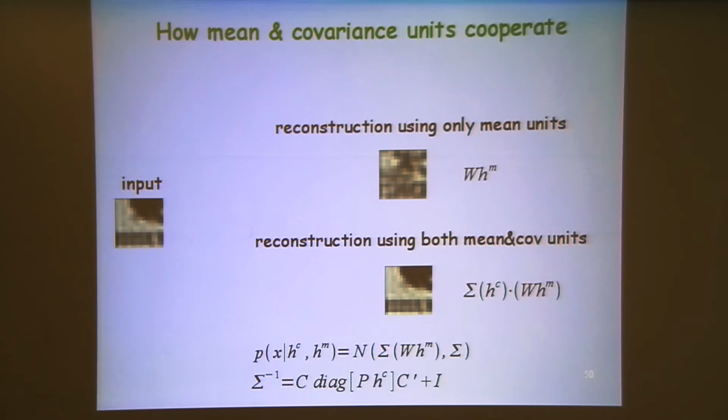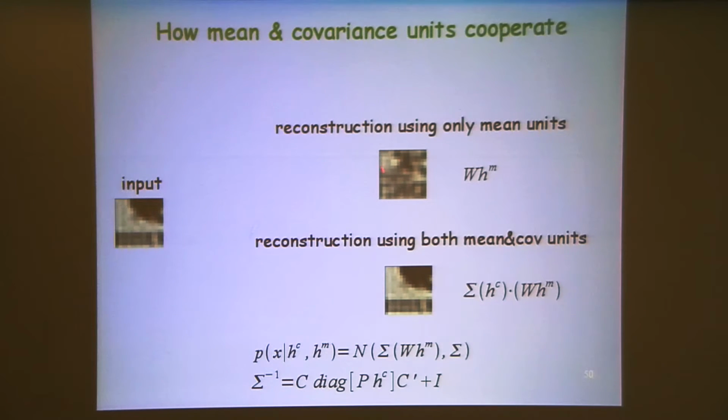One comes from the covariance latent variables and the other from the mean latent variables. On the top here, I'm showing each of these two terms. The reconstruction coming from the mean latent variables is shown here. And the overall reconstruction, the multiplication of the covariance matrix that depends on the covariance latent variables by the reconstruction from the mean latent variables, is shown here.